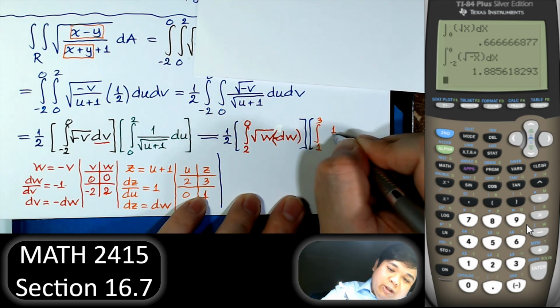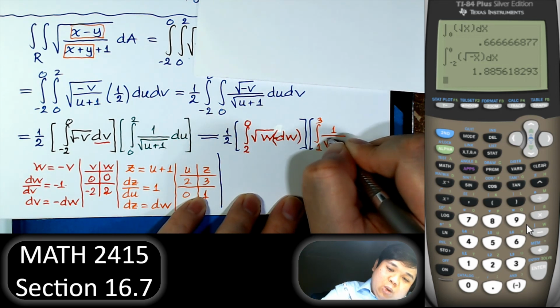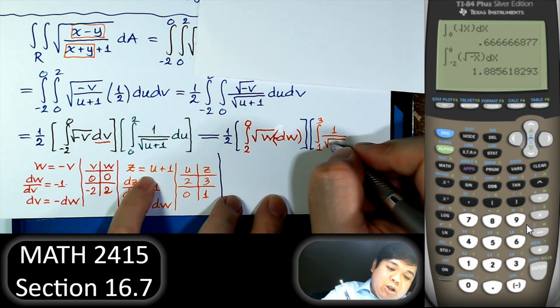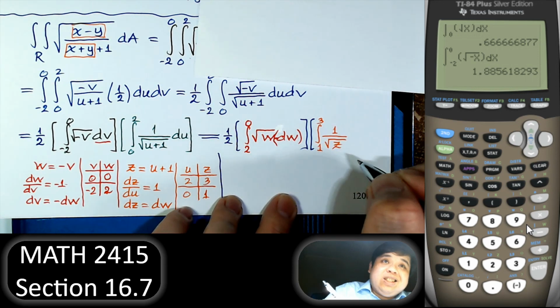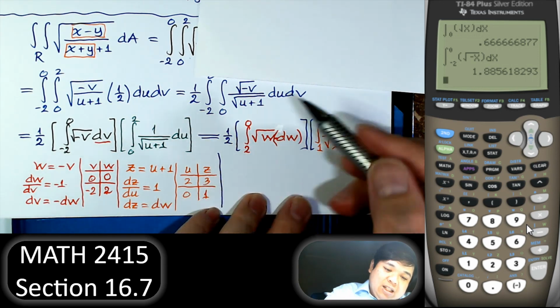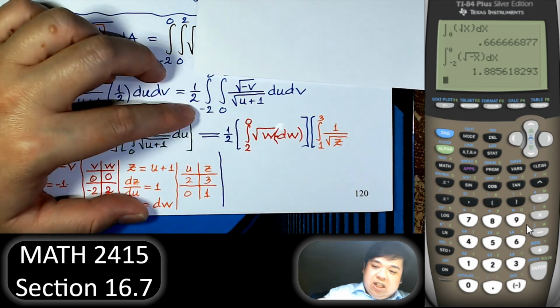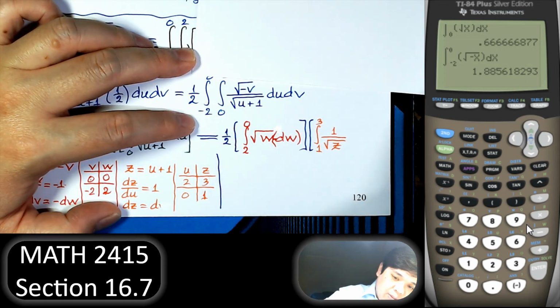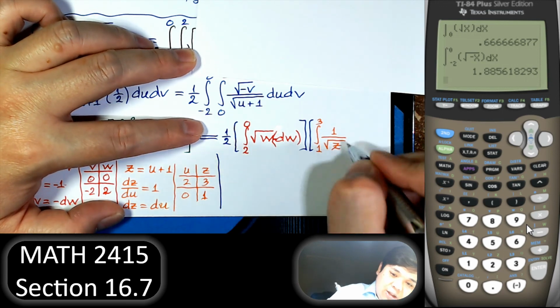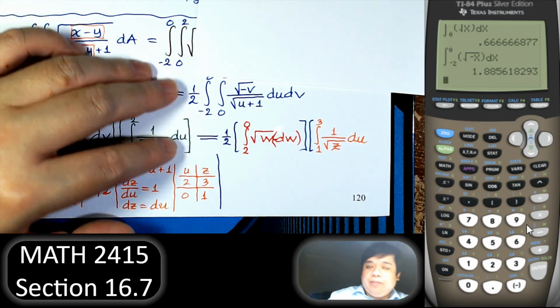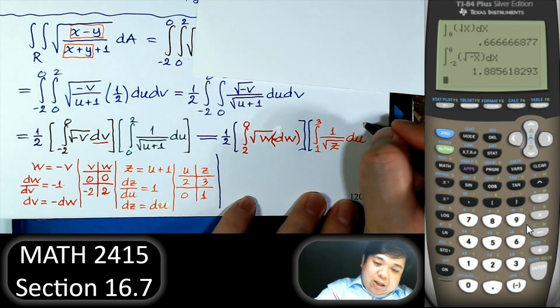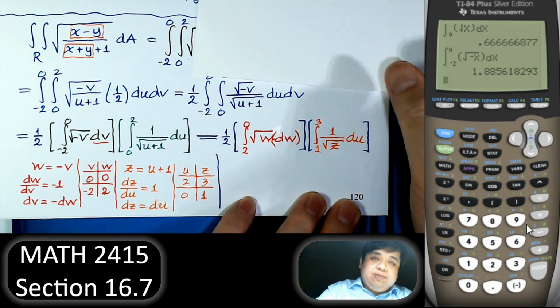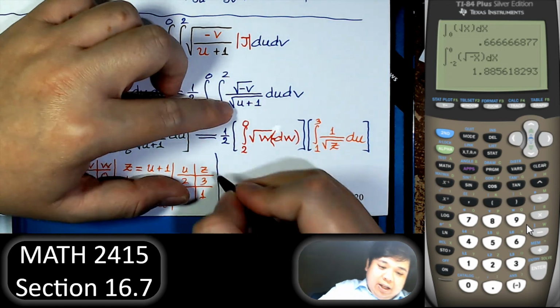We have 1 over the square root of u plus 1. u plus 1 is z, so square root of z. And dz is du, sorry. Yeah, so this is like the substitution we did in Calculus 1.